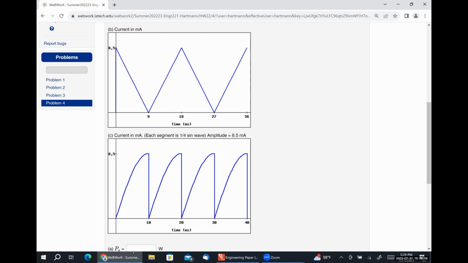So it's going to be very similar to homework 19 problem 3, I believe, where you had to reconstruct the mathematical form of a sine wave when you were only given the information for 1/4 of it. So it's nothing that you haven't been asked to do previously. It's just putting it in a new application.